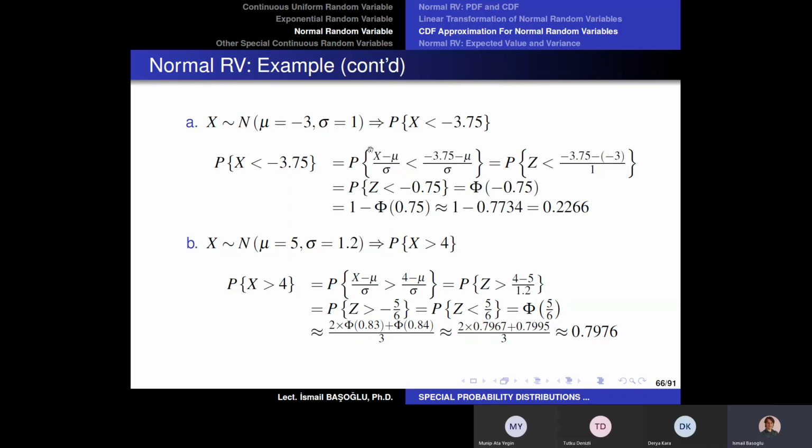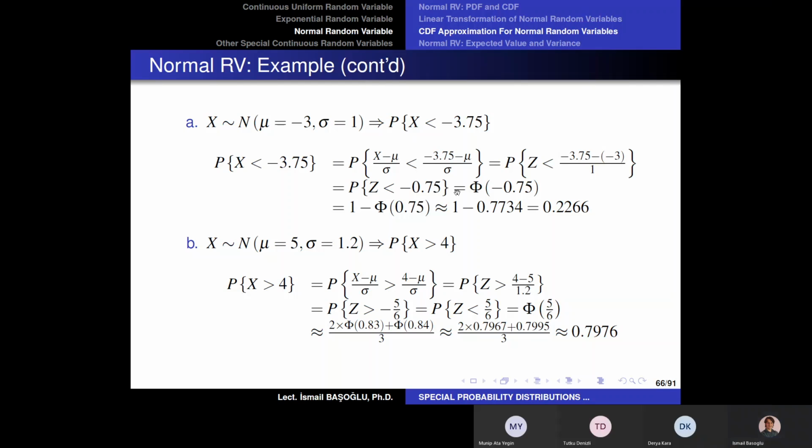So this capital X will automatically become a standard normal random variable according to proposition 2. Now the right-hand side will become what? -3.75 minus -3. We say we subtract the location parameter, but the location parameter is already negative. And we divide the difference by the scale parameter, and the inequality becomes Z, the standard normal random variable, being less than -0.75. So all we need to do is to identify that value from the table.